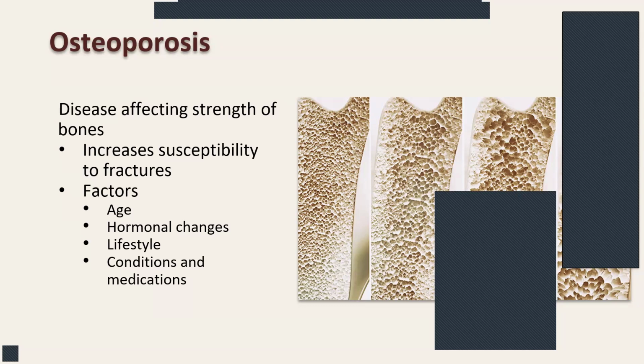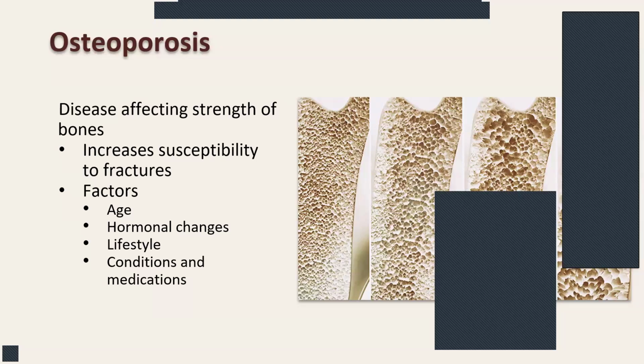and increases the susceptibility to fracture. Factors to consider in regards to an individual's risk for developing osteoporosis are their age. As we age, our bones naturally start to become more osteoporotic. Hormonal changes, especially in women who are postmenopausal, can result in osteoporosis.